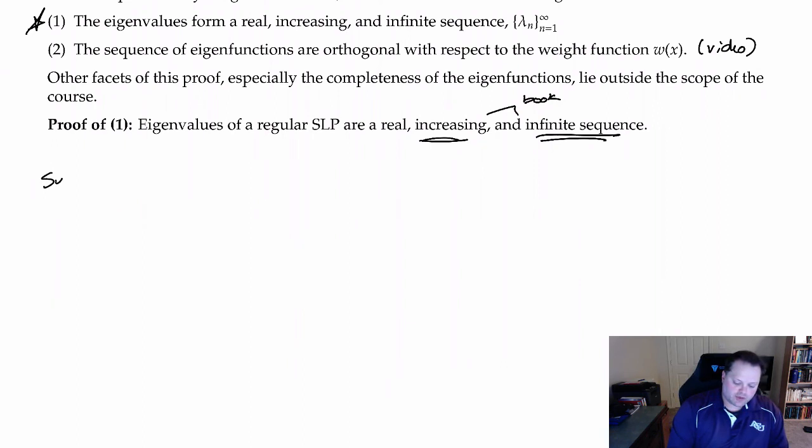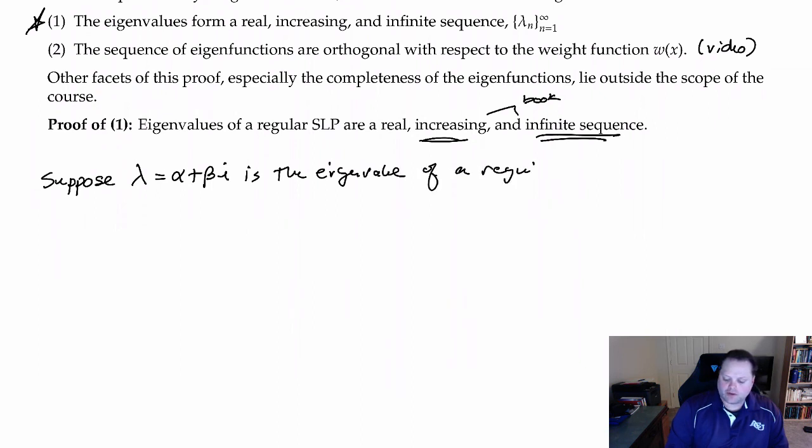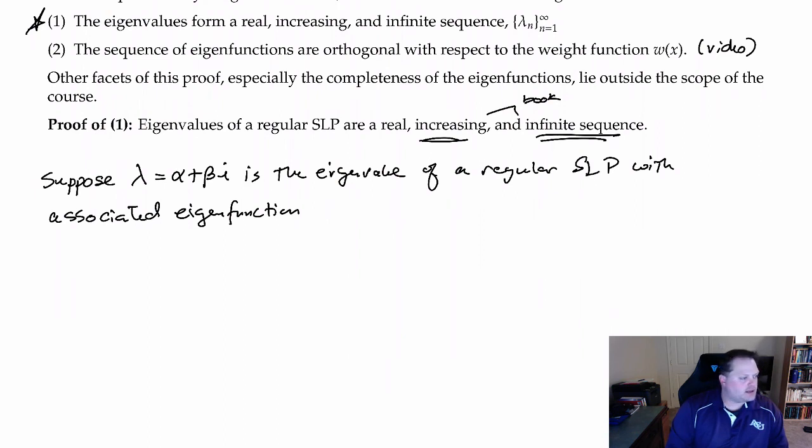What we're going to do is suppose that lambda equals alpha plus beta i is the eigenvalue of a regular SLP with associated eigenfunction y of x equal u of x plus i v of x.